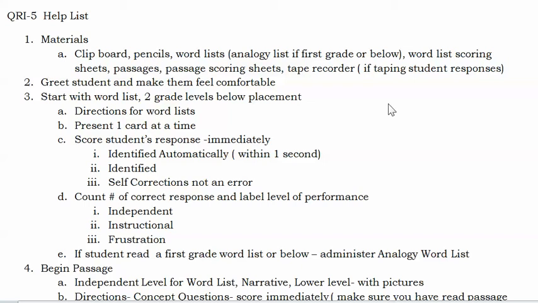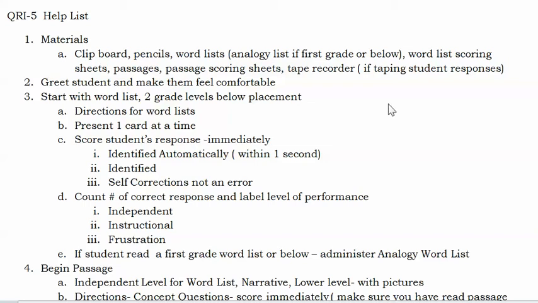Or I also have the word list where you can print them, and you show them 1 word at a time. You score their responses immediately, and you mark them either identified automatically, that means they said it within 1 second, or they identified it, but it took longer than a second.